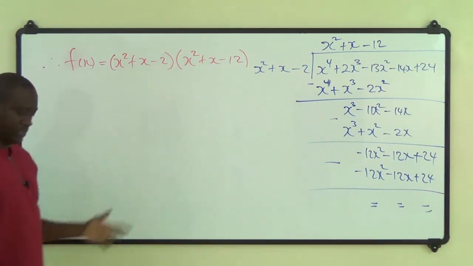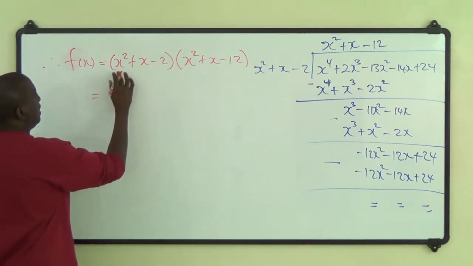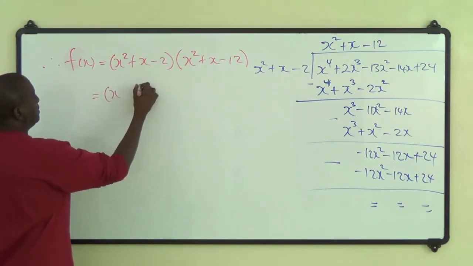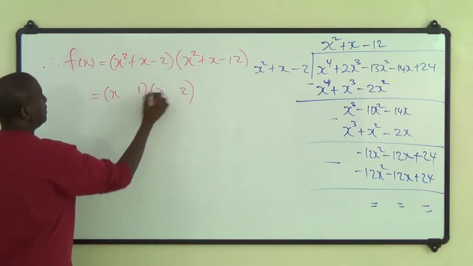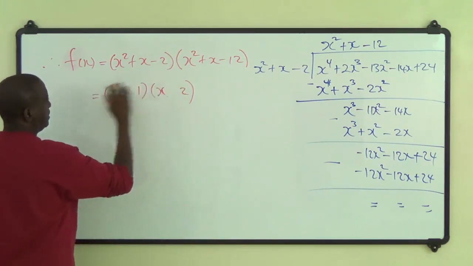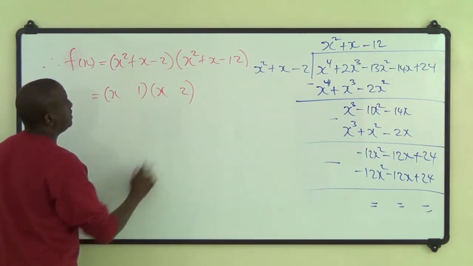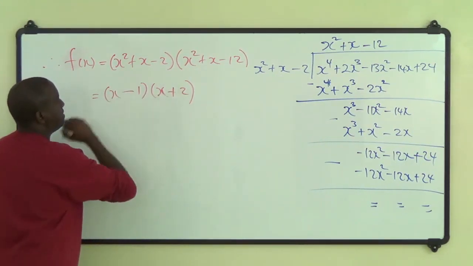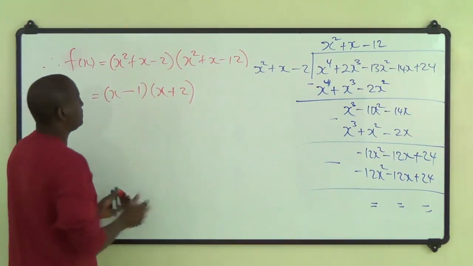So when you factorize this, this will be x, this will be 2 and this will be 1. This will be plus 1, this will be 2 minus 1, so it will be plus 2 and minus 1. So this will be x minus 1 into x plus 2.